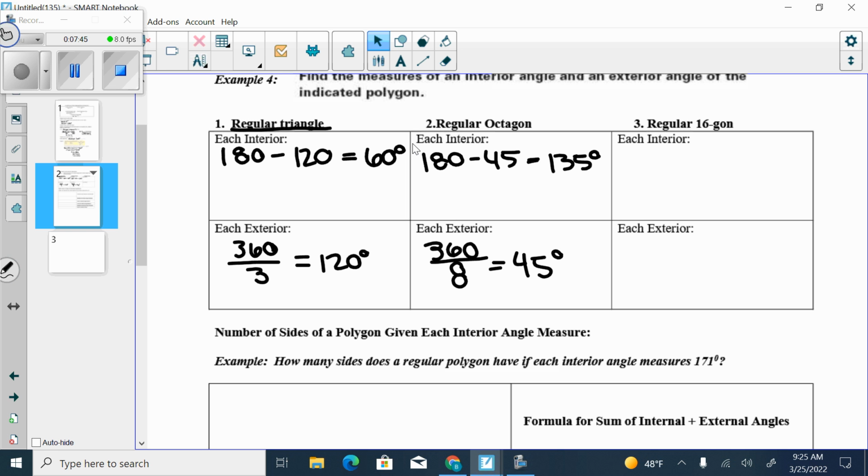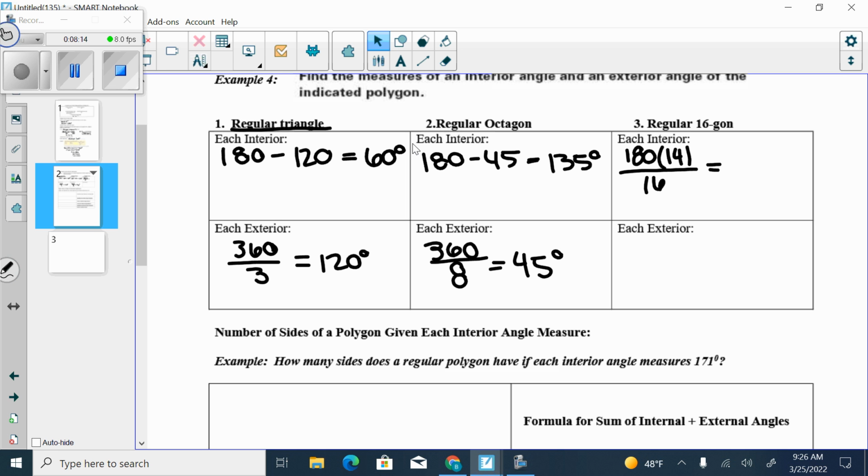Okay. All right, this should also work the other way around. So maybe we find the interior first. I should still be able to use the same rules to find the exterior. So let's say I find interior first this time. So I got 180 times, what's my n minus 2 going to be here? 16 minus 2, which would just be, very good. And I divide it by the number of sides, which we said was 16, right?